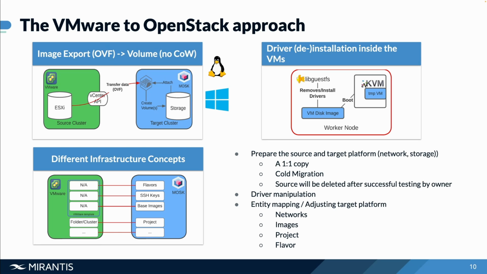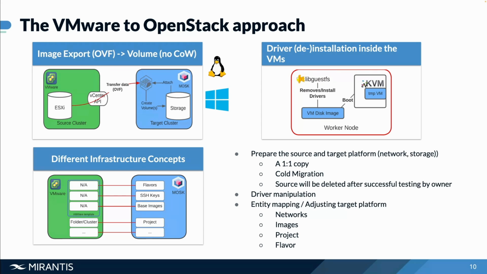And then finally, there are concepts that are different between VMware and OpenStack, right? So for example, flavors do not exist in the VMware world. Base images do not exist in the VMware world, right? Projects or tenants in OpenStack could relate to folders and clusters in VMware.